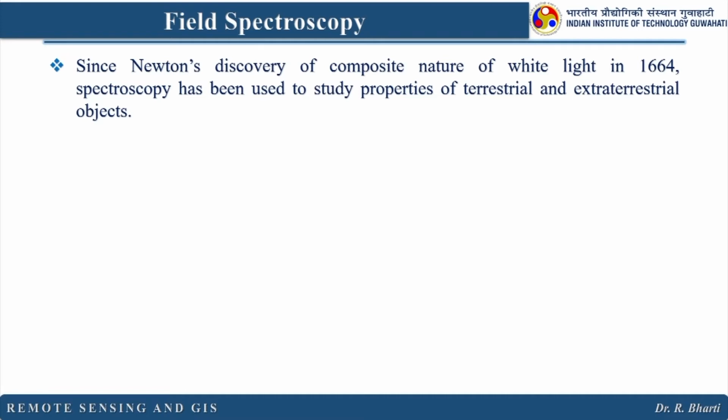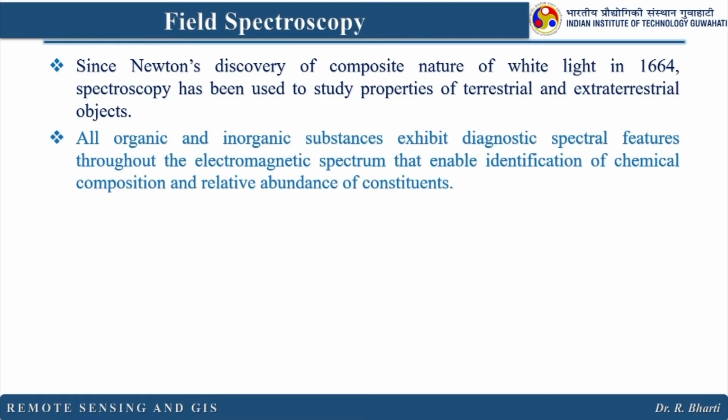Now let us see why we are involved in spectroscopy. Since Newton's discovery of the composite nature of white light in 1664, spectroscopy has been used to study properties of terrestrial and extraterrestrial objects. All organic and inorganic substances exhibit diagnostic spectral features throughout the electromagnetic spectrum that enable identification of chemical composition and relative abundance of constituents.